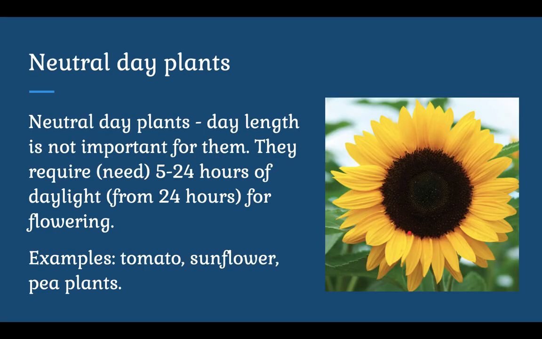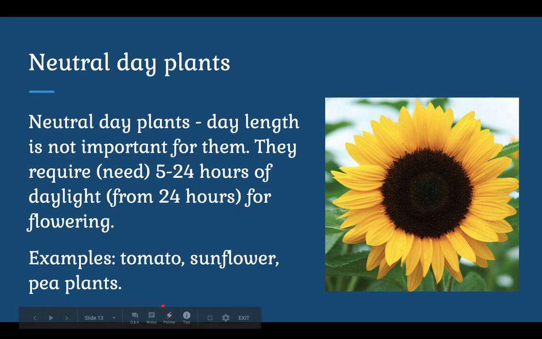The next one is neutral day plants. For neutral day plants, day length is not important. They need from 24 hours of daylight for flowering, and it doesn't matter how much they have. If they have a minimum of 5 hours of daylight, it's enough. They will flower.